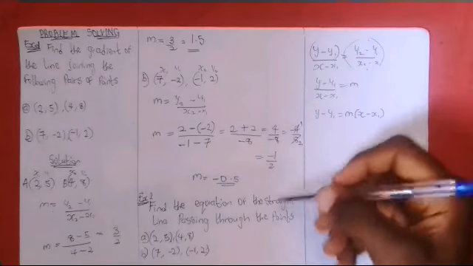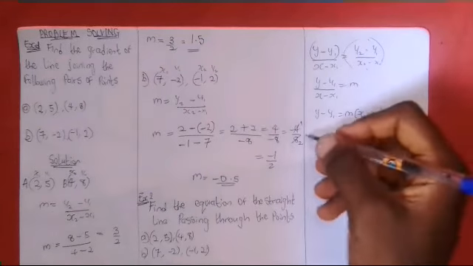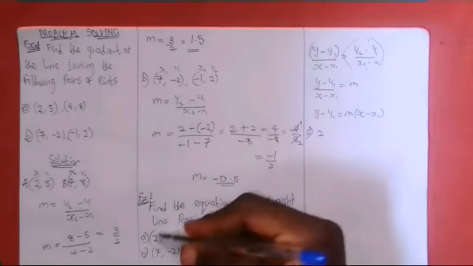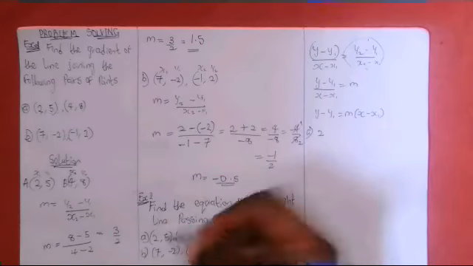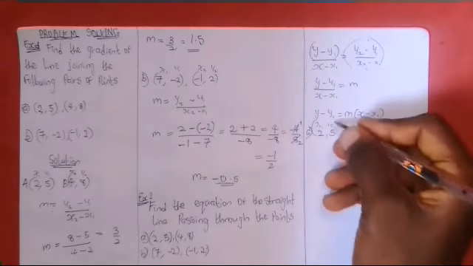So what we need to do is substitute our x1 and y1 points, and our x1 here for the first question is 2, while our y1 is 5. So this is our x1 here, this is our y1. So all we need to do is substitute.